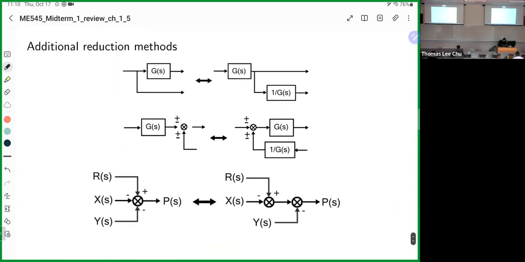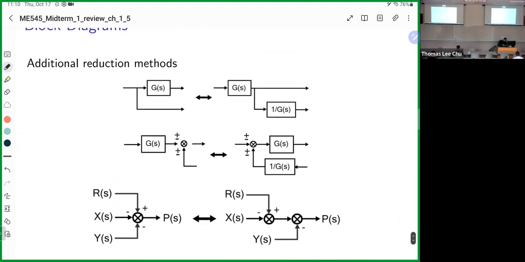Finally, here's some extra tricks. You're also welcome to do the signals method as well. Instead of doing block diagram, signals method is also okay. It's whatever method you feel the most comfortable with. So just as a little recap for signals method, if I define this as x1, then x1 is here.